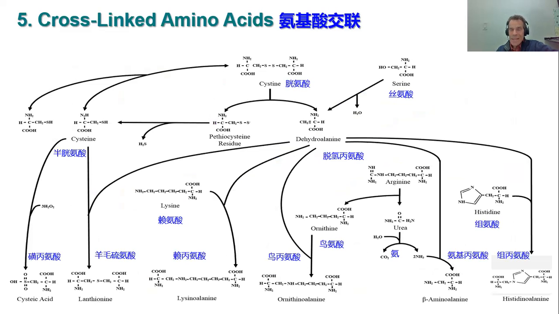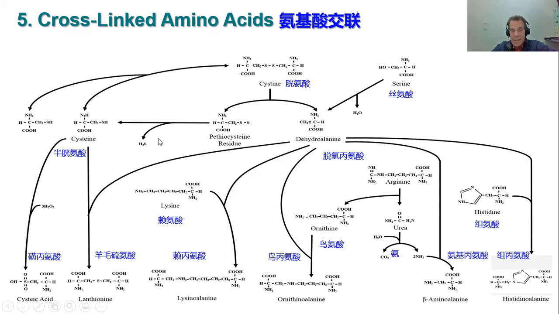Now, if we look deeper, the chemistry is extremely complex. The fifth reaction is protein cross-linkage. And protein cross-linkage is done through amino acid cross-linking. Proteins are chains of amino acids, and the amino acids within the protein can create these links. They can link with one another. A very important cross-link is cystine. Cystine is the dimer of cysteine plus cysteine.